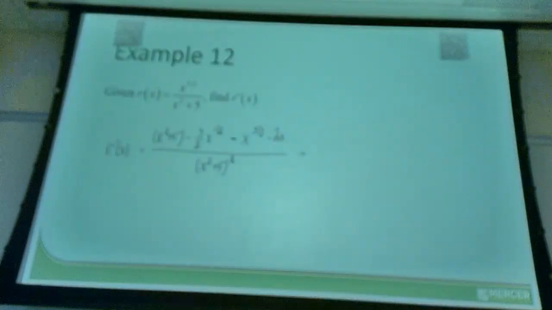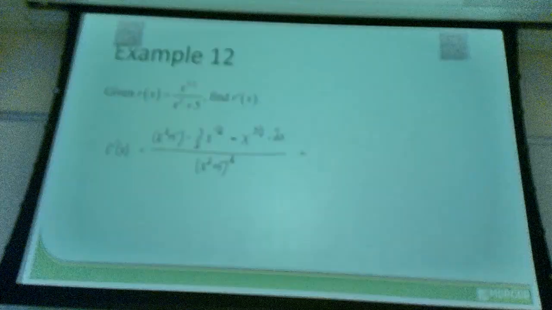Denominator is x squared plus 5 times derivative of the numerator. Oh, yeah. Algebra.